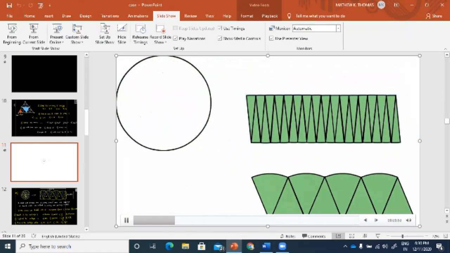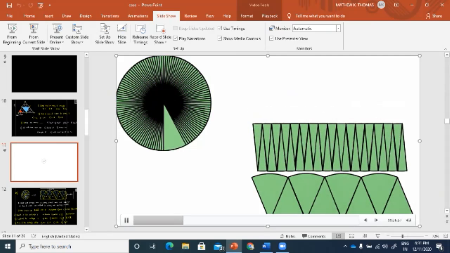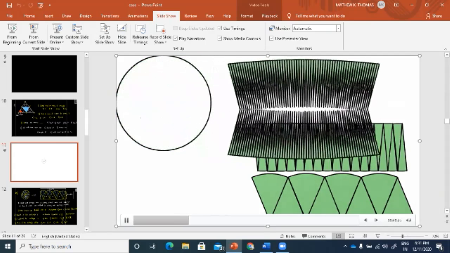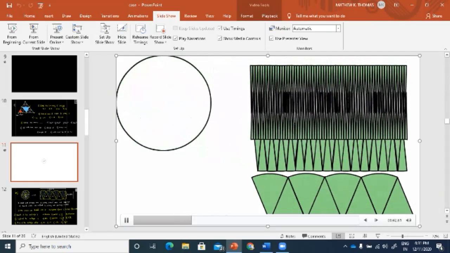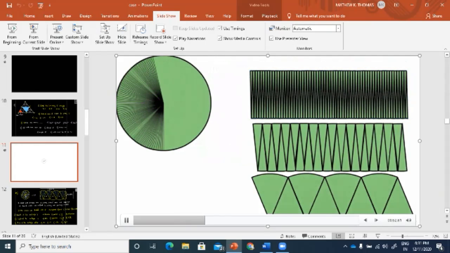You can see that it appears more like a rectangle. If we divide the circle into even smaller pieces, every time the shape becomes more like a rectangle. So how small must we divide a circle before we can get a perfect rectangle?